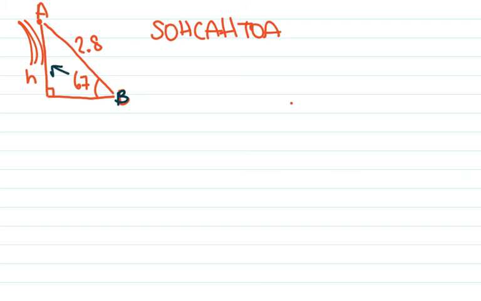So the height is opposite it. So we have angle B, we have the opposite, and we have the hypotenuse. So using that information, opposite and the hypotenuse, we're going to use sine, because sine equals opposite over hypotenuse.